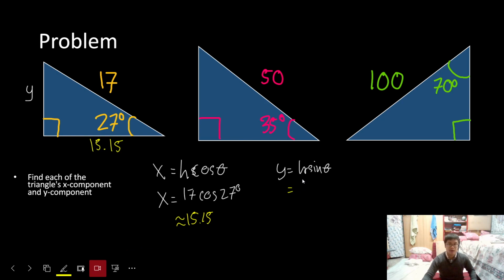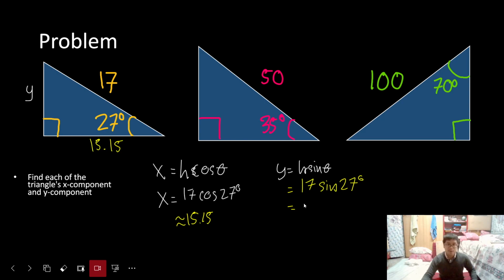Now, how about for your y component? Just substitute 17 times sine of 27 degrees. So what we're going to do is use our calculator here.